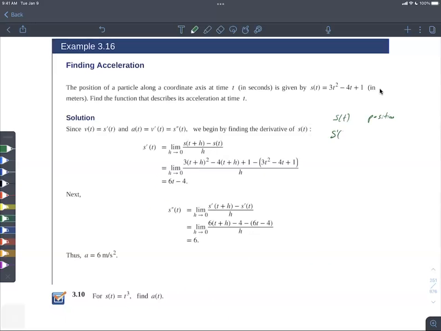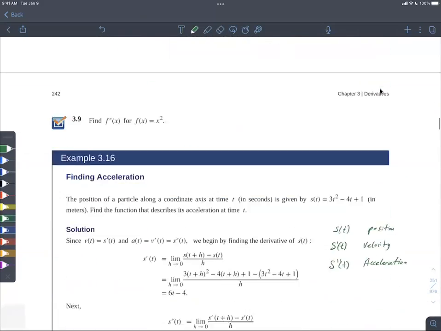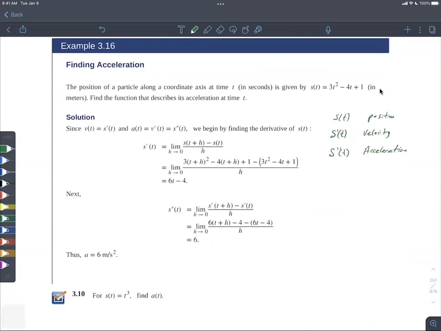then s prime of t, this is the rate of change of position, is known as the velocity. And then if we find out how fast the velocity is changing, the rate of change of the first derivative is the second derivative, and this is called the acceleration. So it's basically the same example as before, finding the derivative twice, except now we're putting it in a context of position, velocity, and acceleration.